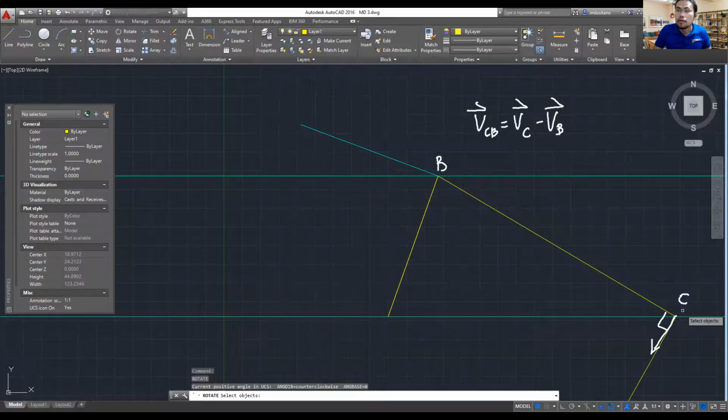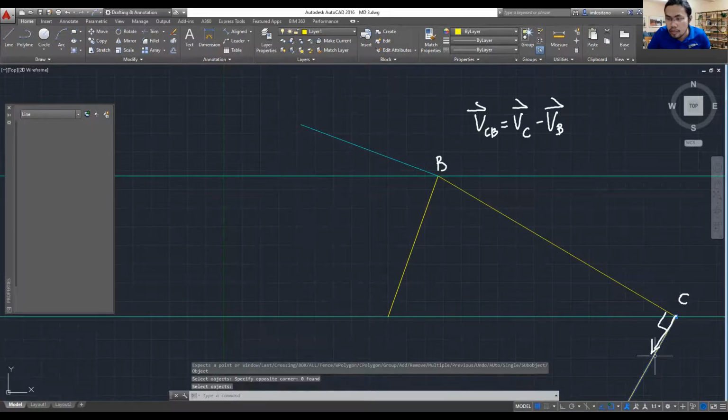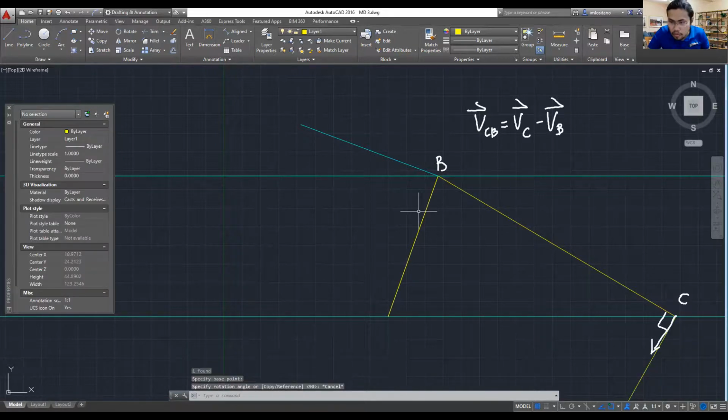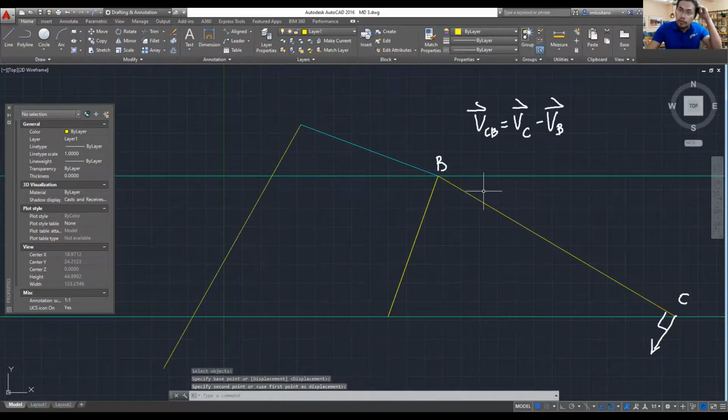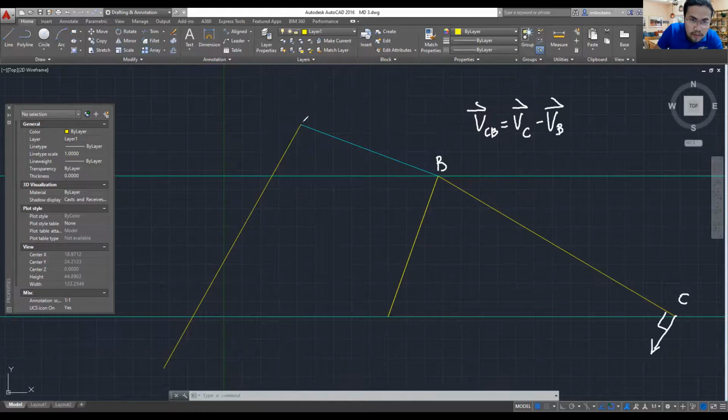We move this one over here so that we now get the velocity polygon, where we have V sub B here, V sub C with respect to B here, and what we intend to find, V sub C, over here.